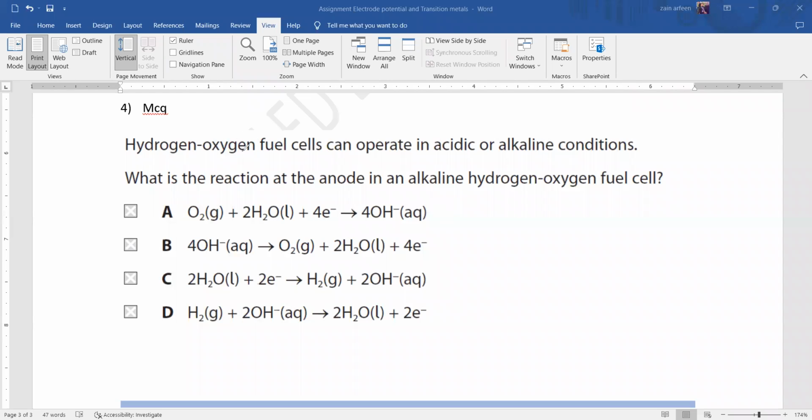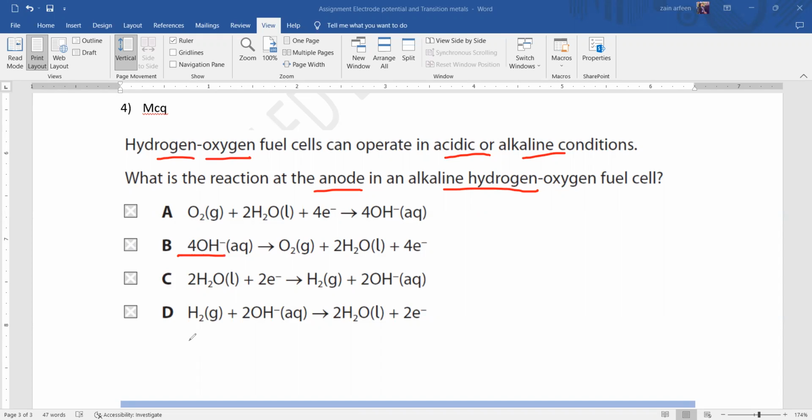So a hydrogen oxygen fuel cell can operate in acidic or in alkaline medium. What is the reaction at the anode in an alkaline hydrogen oxygen fuel cell? So first, because this reaction can happen in acidic condition and also in alkaline condition, which one involves alkaline condition, with hydroxide not as a product but as a reactant?